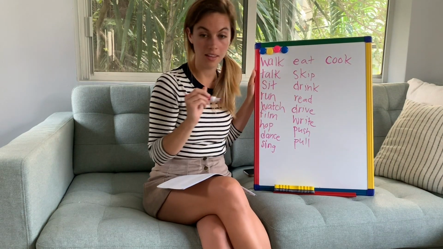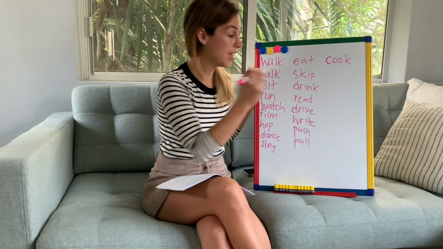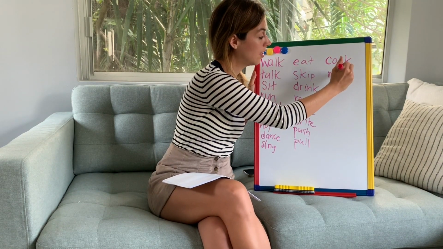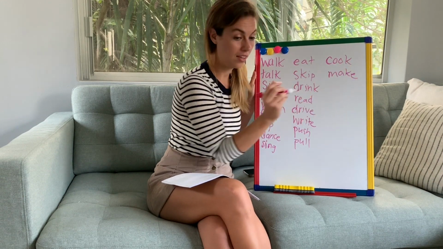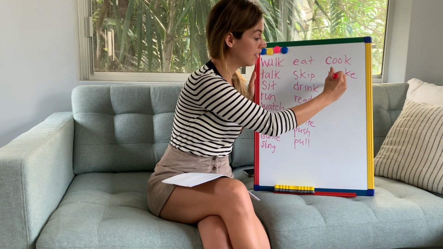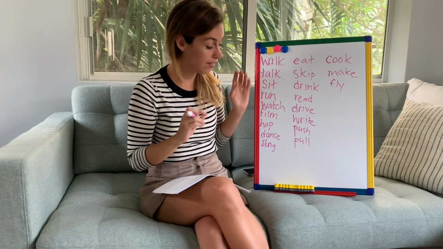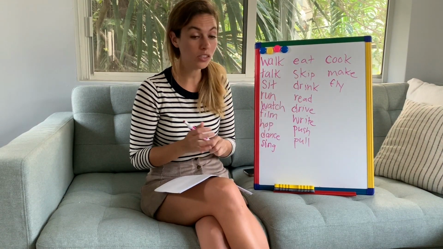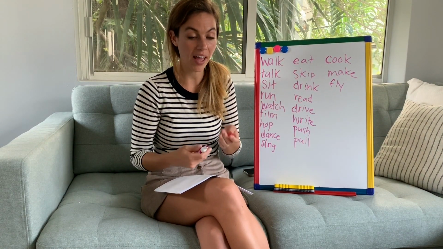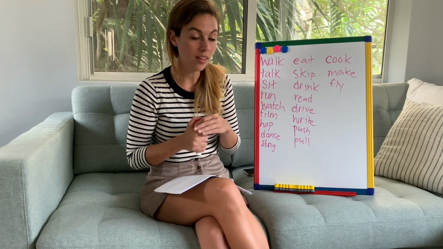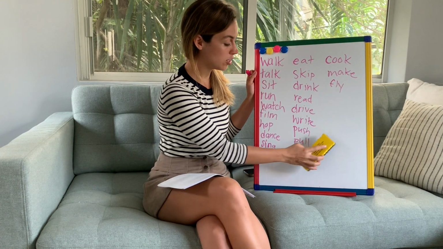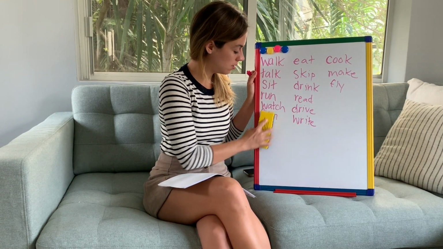Good. Make. Fly. Very good. So all of these words are things that you can do or a noun can do, okay? So verbs are just action words.